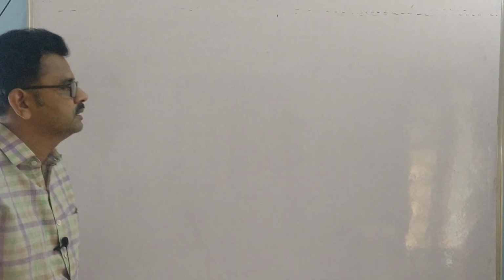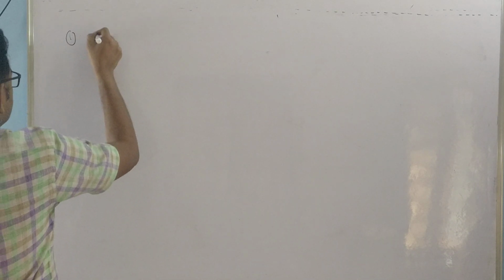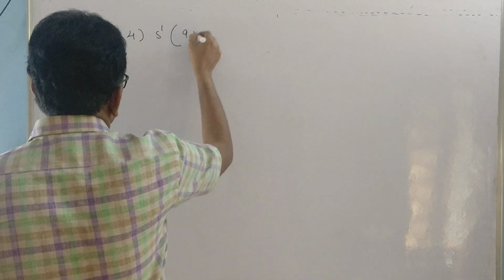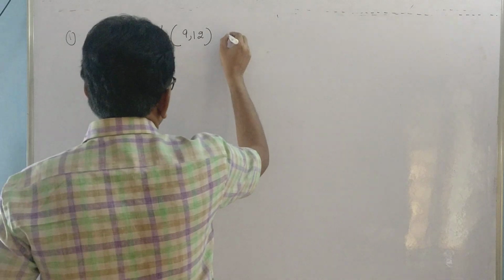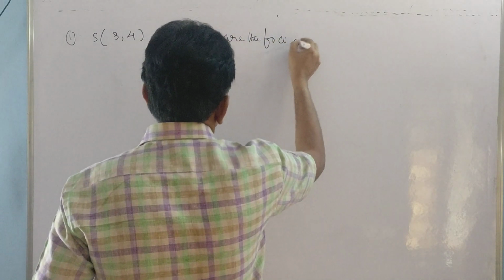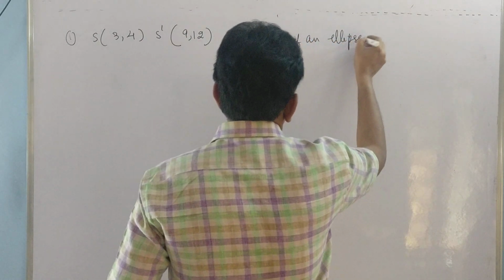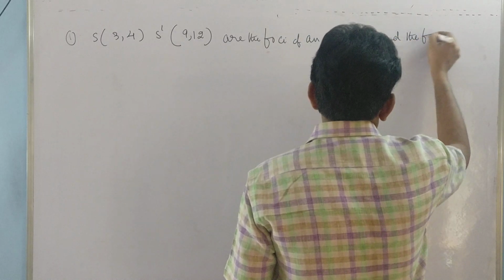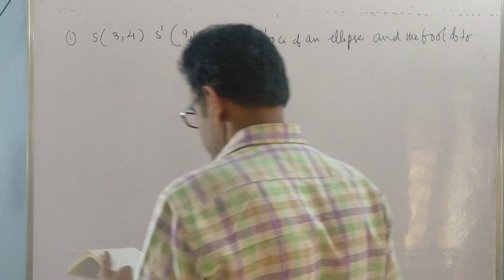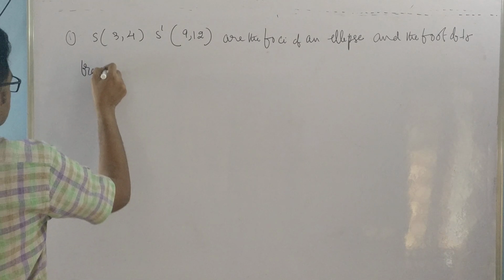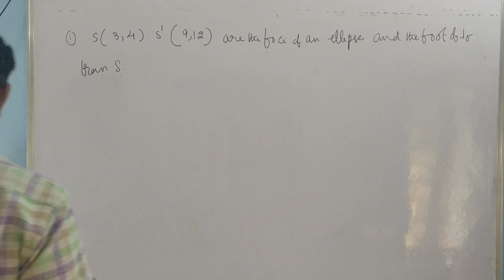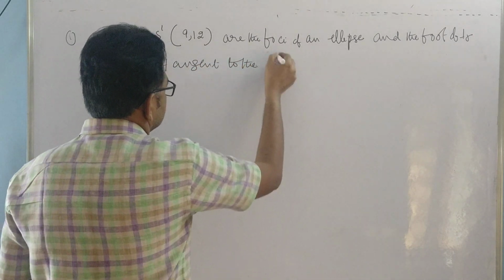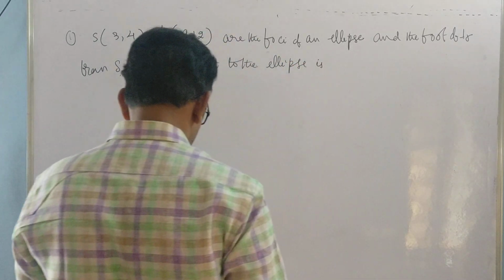So we have a good example, one problem on this definition. S is 3, 4, S dash is 9, 12, these are the foci of an ellipse, and the foot of perpendicular from S to a tangent to the ellipse is 1 comma minus 4.